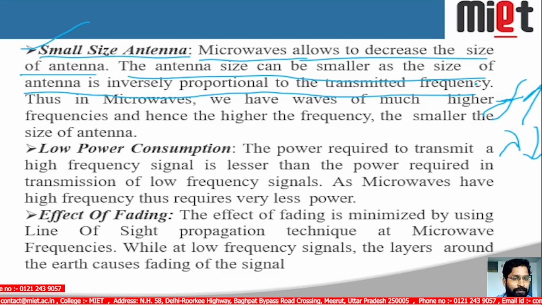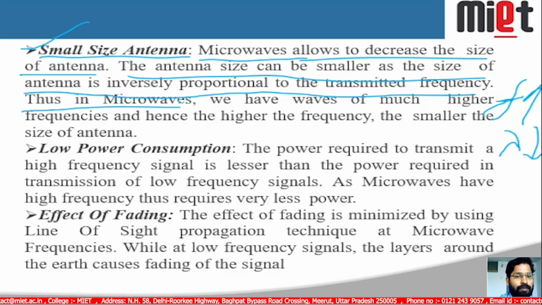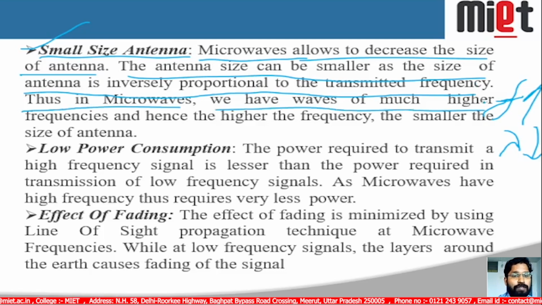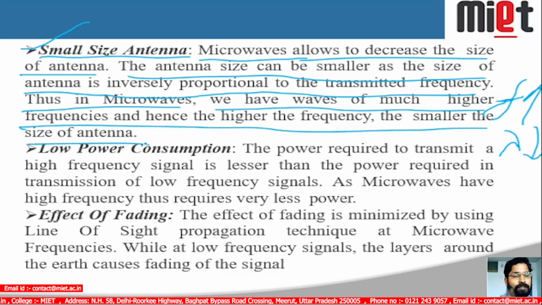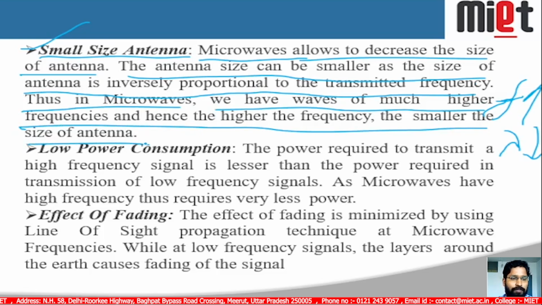Thus in microwave, we have waves of much higher frequency and hence a smaller size of antenna. Due to that reason, at higher frequency, the size of the antenna is small.